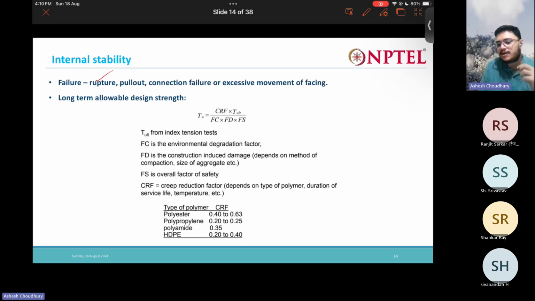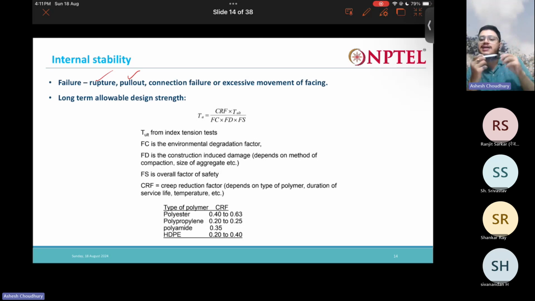And when do you have rupture? Rupture is when the reinforcement itself breaks, when the tensile strength of the reinforcement is less than whatever load is coming.